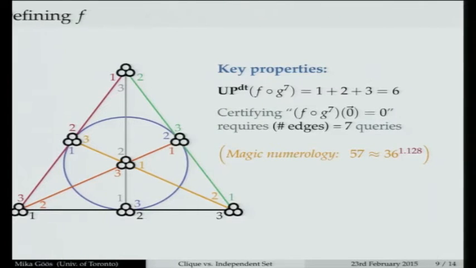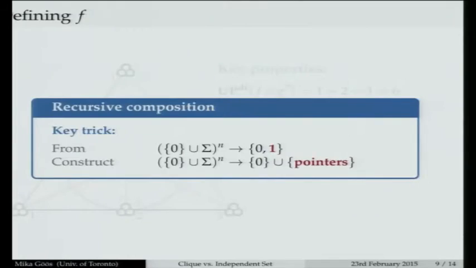Okay, so this is now ready for the recursive composition step. I should also mention that even in the recursive composition step, there's one additional idea that is needed. Because what I've now described is just a function that outputs either a 1 or a 0. But recursively, I need my functions to be outputting pointer values to the upper levels.